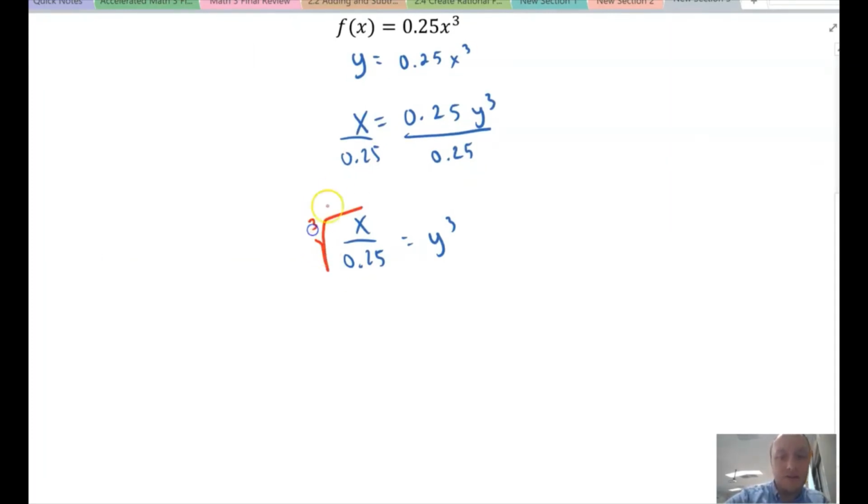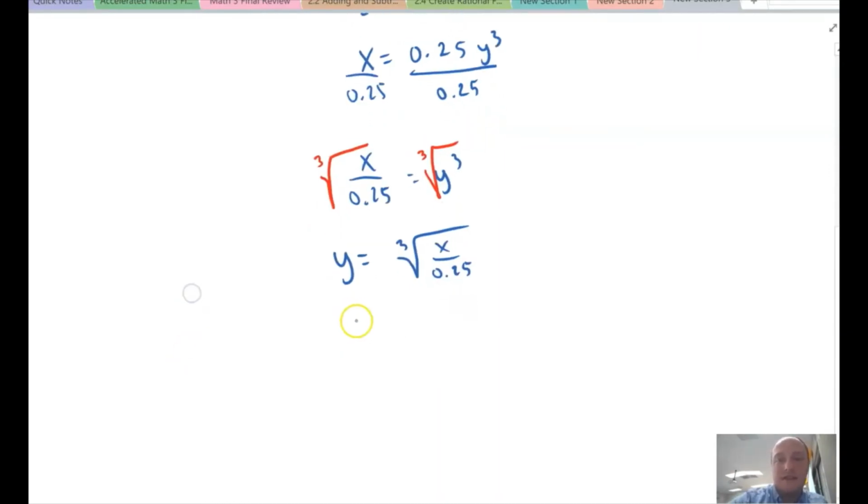I'm going to take the root, and notice the index on this radical is 3. Okay, so that just means we're taking the third root. So we get y is equal to the cubic root of x divided by 0.25, and this is our inverse function. F inverse of x is equal to the cubic root of x divided by 0.25.